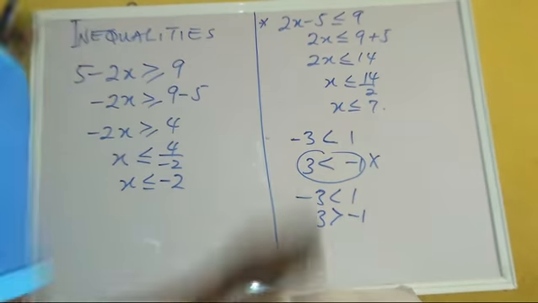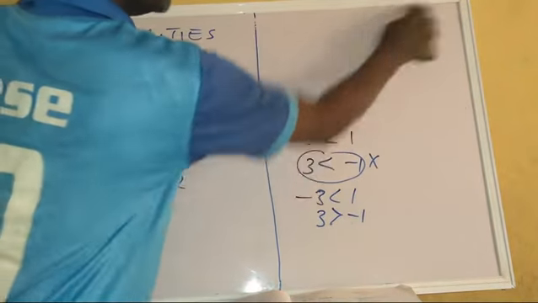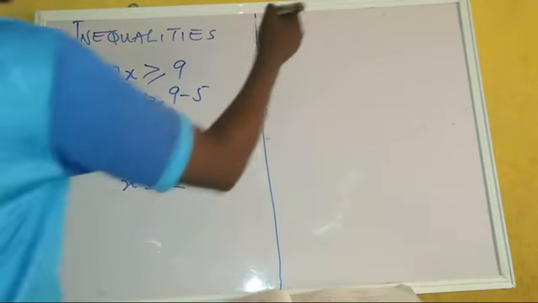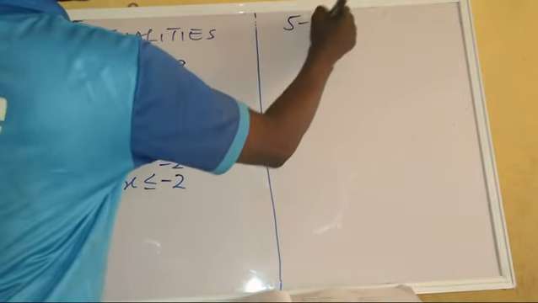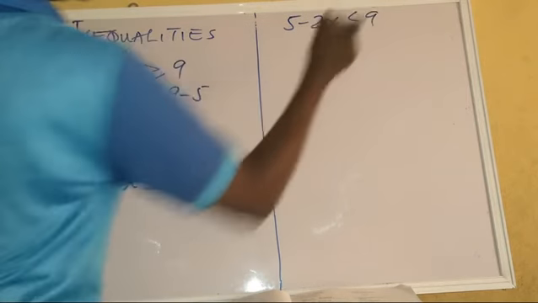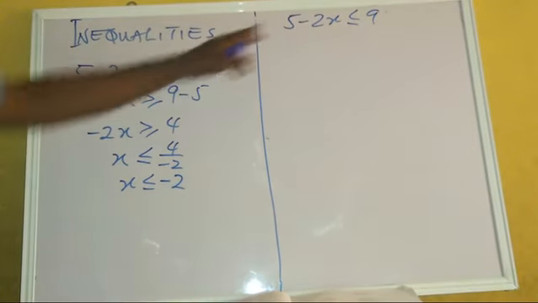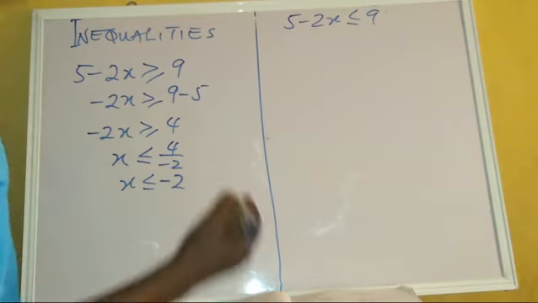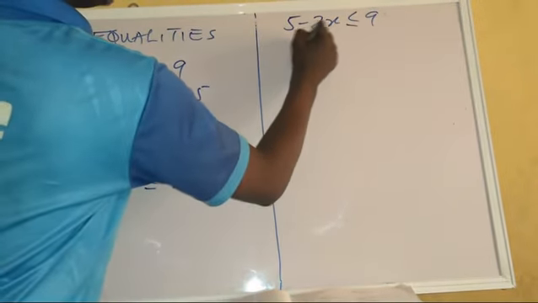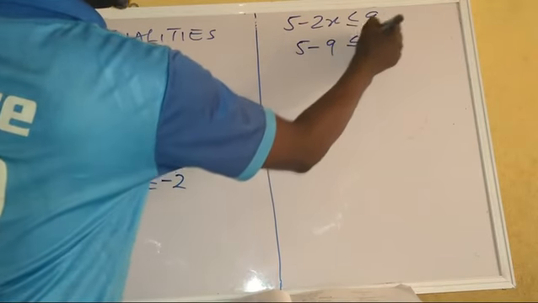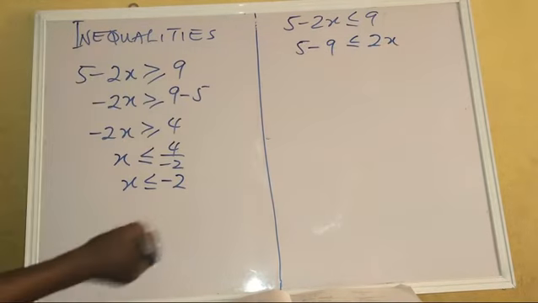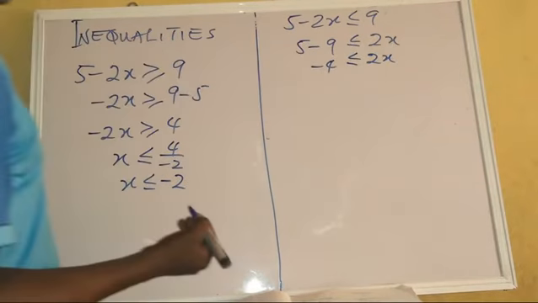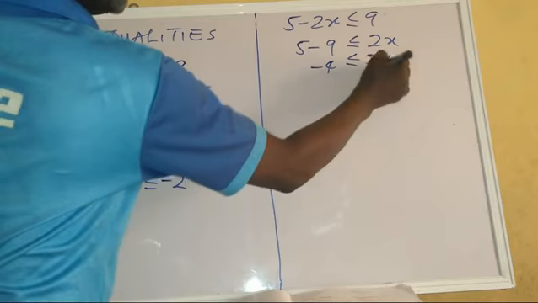Another way is to avoid this issue of dividing by negative. We have 5 minus 2x greater than or equal to 9. I don't want the negative 2x to be here, so I take it away to the other side. That means I have 5 minus 9 greater than or equal to 2x. It means negative 4 greater than or equal to 2x. What do we now do? We divide both sides by 2.